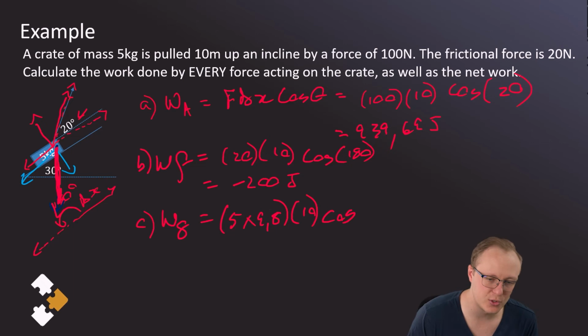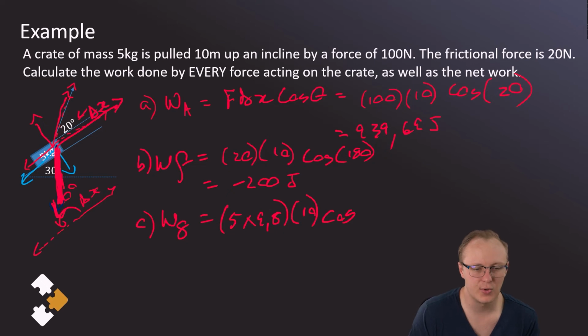Well, what's the angle between these two? So gravity is going straight down like that. The change in x is like that. And we can actually see that if we draw this horizontal here, this is 90 and this is the 30 degrees. So the angle between the force and the displacement is the 90 plus the 30, which is then 120. So this is then cos 120.